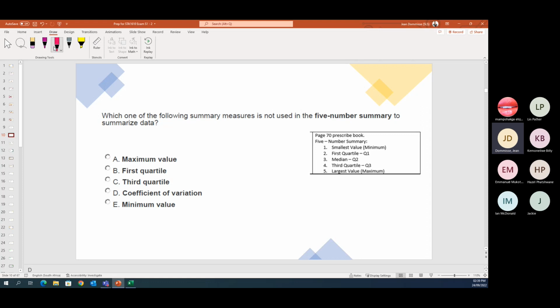So if we have that, we've got these 5 points.